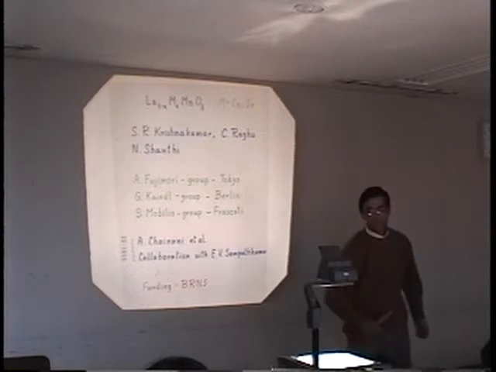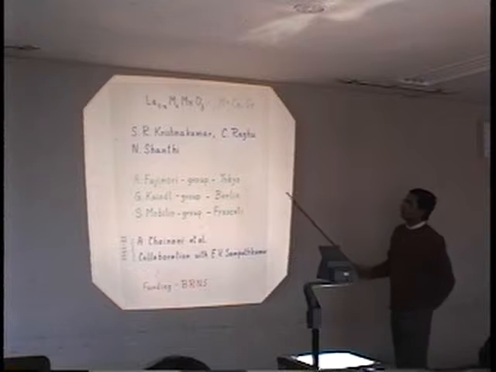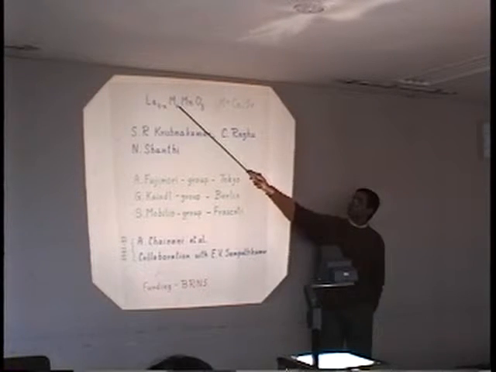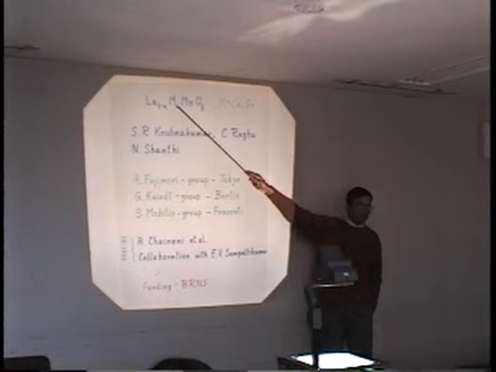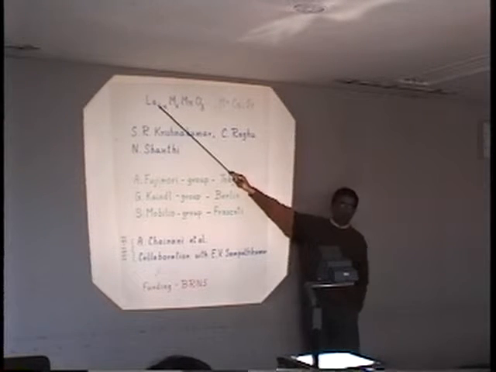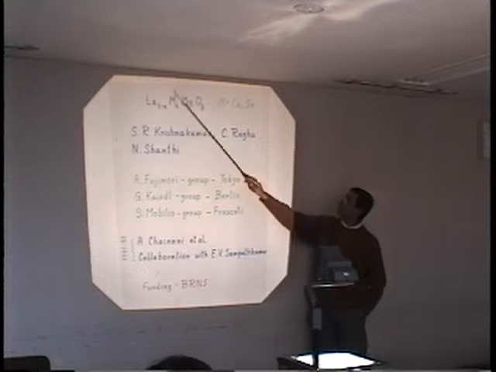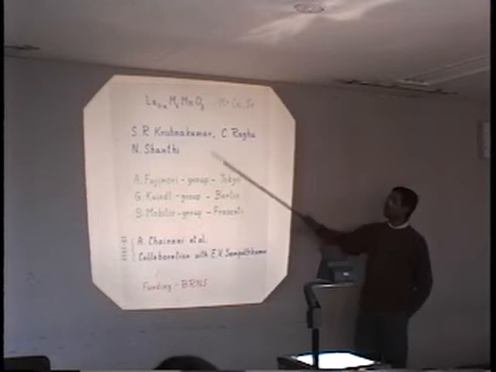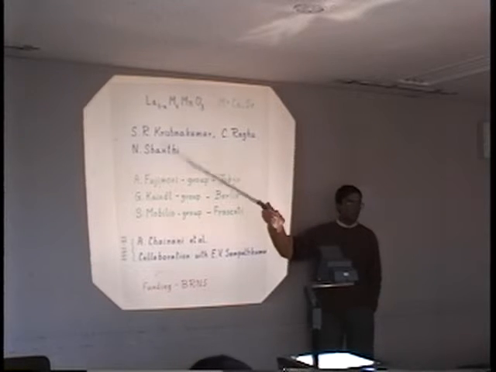So the next problem that I'm going to discuss is lanthanum manganate doped with a divalent cation at the lanthanum site. Lanthanum is trivalent. Divalent cation, it could be calcium, strontium, barium, lead, etc. It has some very interesting properties.